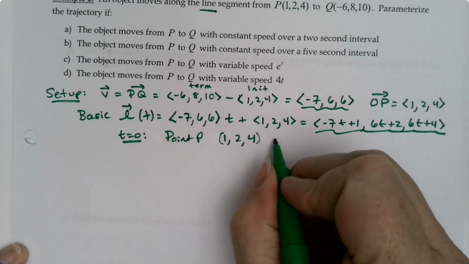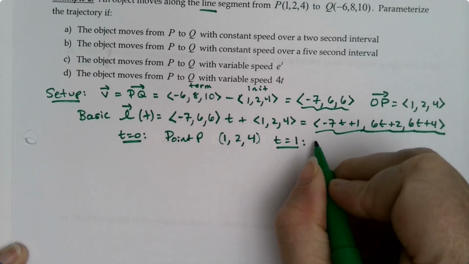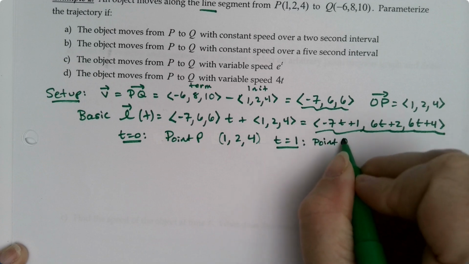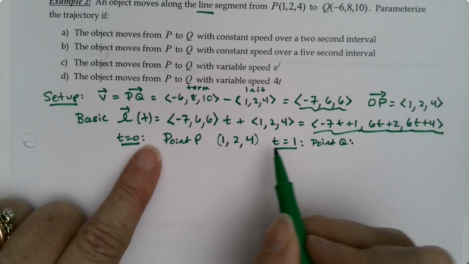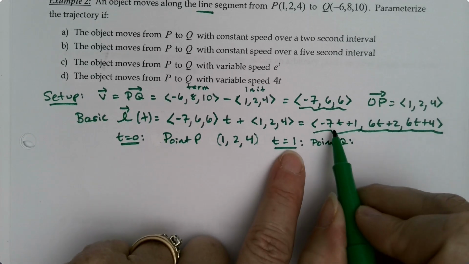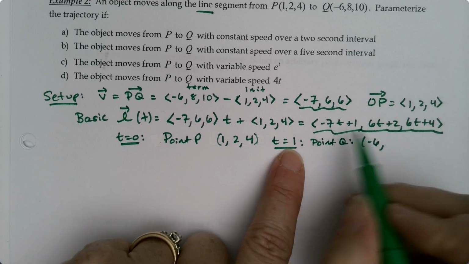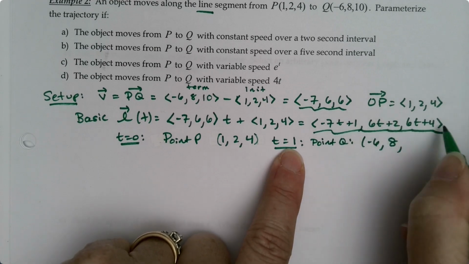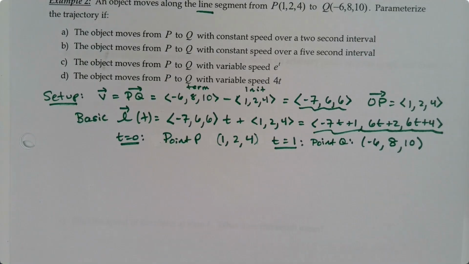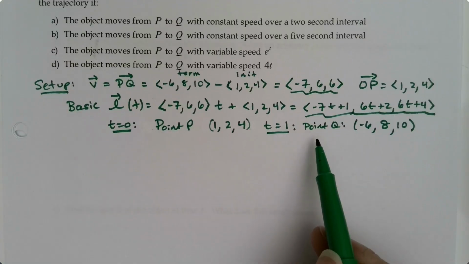And if we're at t equals 1, that would be point Q. So it takes a time from 0 to 1, because if I put 1 in here, -7 plus 1 would be -6, 6 plus 2 would be 8, 6 plus 4 would be 10. So it takes 1 second, if you will, to do that.